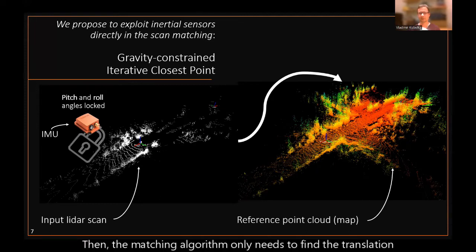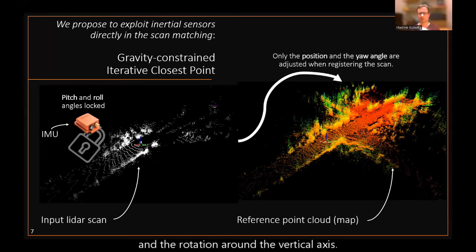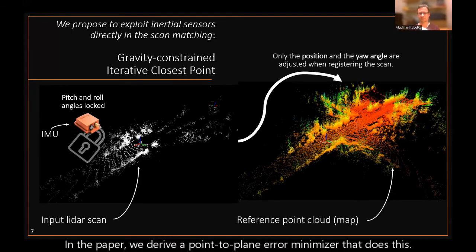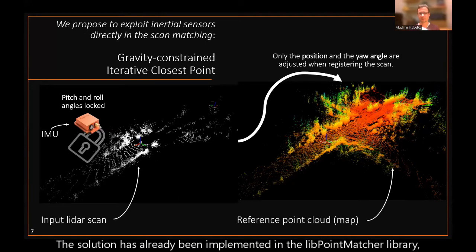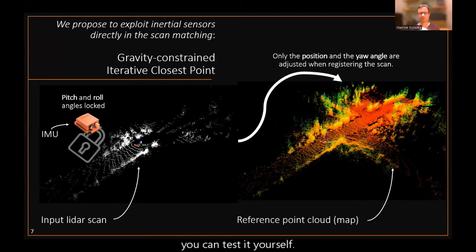Then, the matching algorithm only needs to find the translation and the rotation around the vertical axis. In the paper, we derive a point-to-plane error minimizer that does this. The solution has already been implemented in the libpointmatcher library, and you can test it yourself.